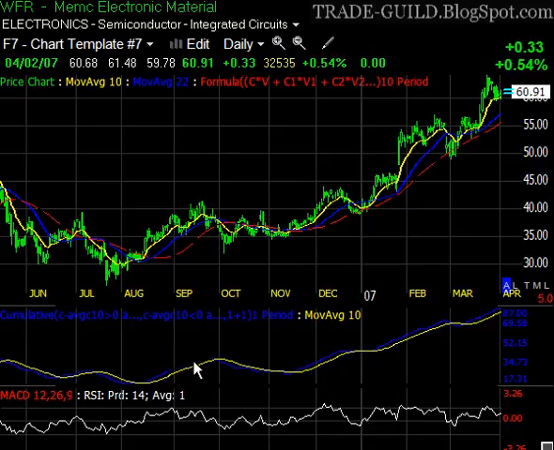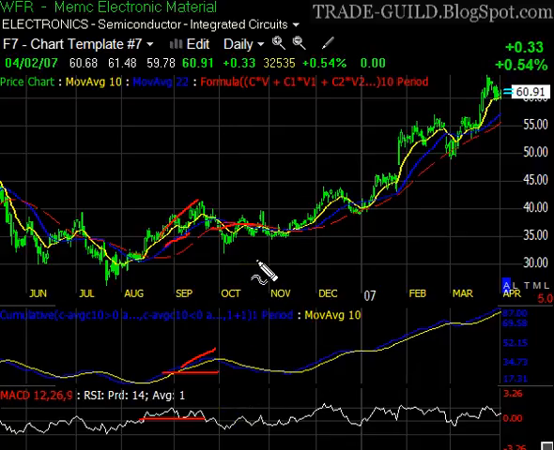I have a custom cumulative indicator in blue down here with a 10-day moving average, and RSI 14 with the zero line right there. So basically my criteria for a buy would be a crossover of the 10 over that 22. If it's above the VWAP, that's even better. A crossover of this custom cumulative over its moving average, and RSI has to be above 0.